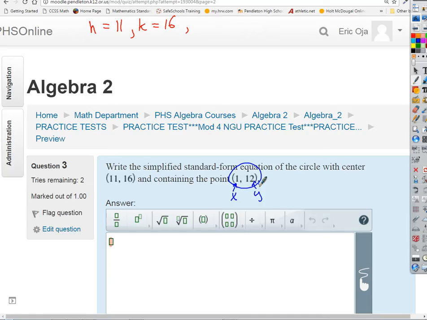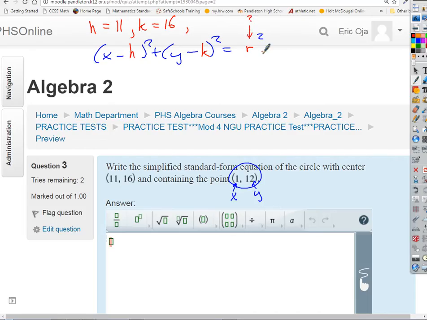So when we go back to our standard form equation, I could plug in 11 for h, 16 for k, and the only thing that I have yet to find is r, right?